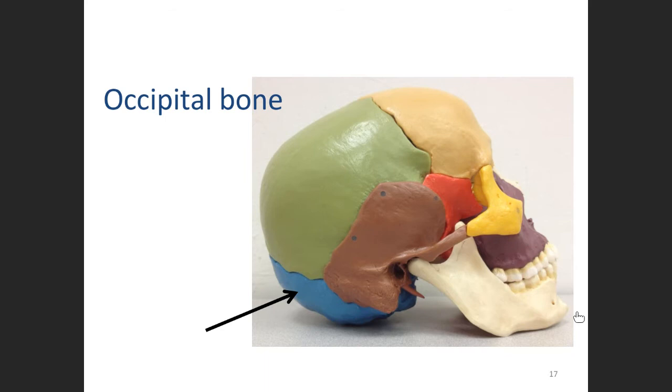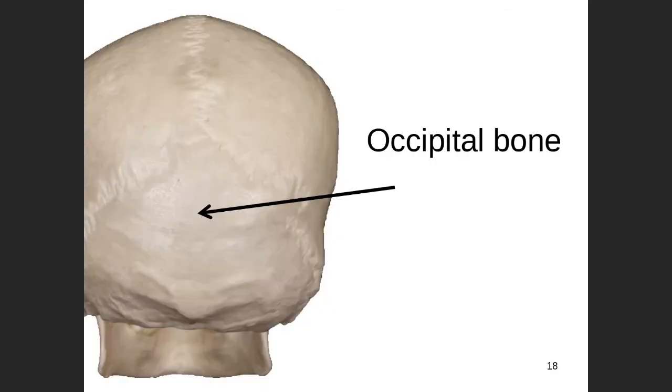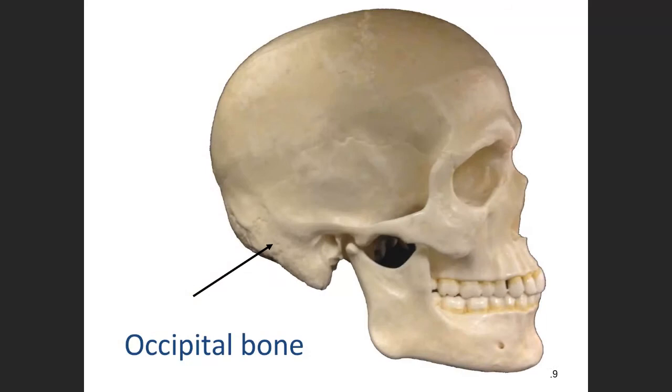Now let me show you on a normal colored skull. We're looking at the posterior view of the skull, and this is the occipital bone, sitting right here on the back. Then we'll show it on a normal colored skull in the lateral view. It's back here. So that'll be the occipital bone.